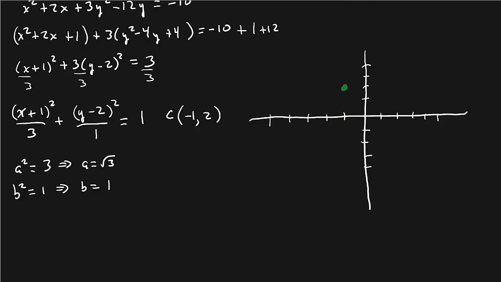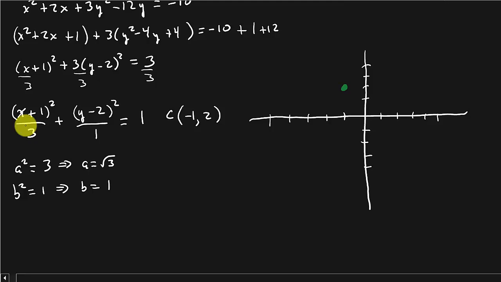Now, is my major axis horizontal or vertical? That's right, it's horizontal because a squared is underneath the x term. Okay? Remember, if a squared is under the x term, my major axis is horizontal. If a squared is under the y term, my major axis is vertical. All right?